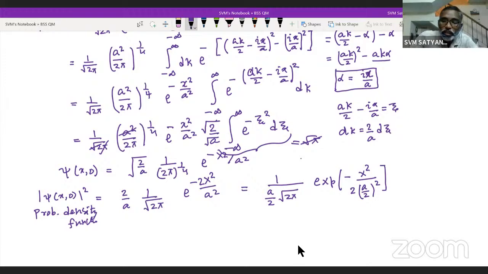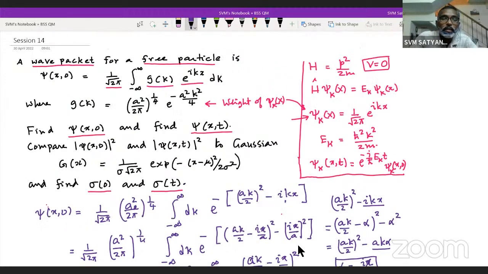Now why am I writing like this is because now you compare with this Gaussian: 1 by sigma root 2 pi, where mu is the value at which the Gaussian is peaking. In our case, mu is 0 and we have 2 sigma square.